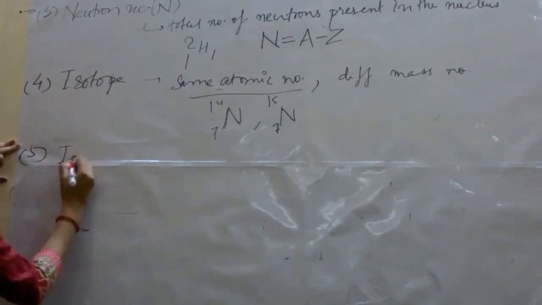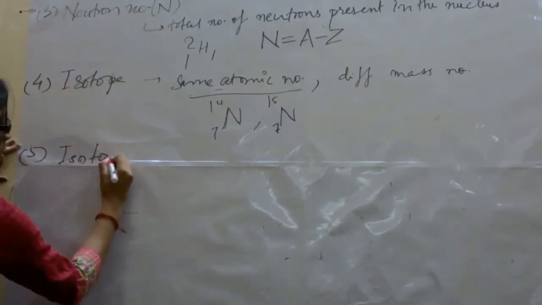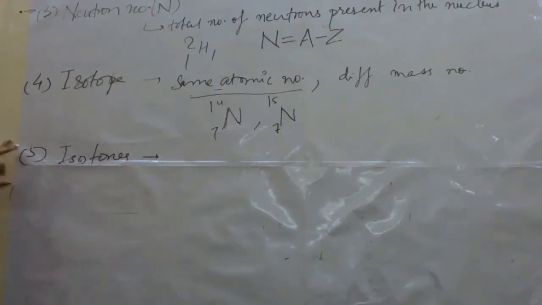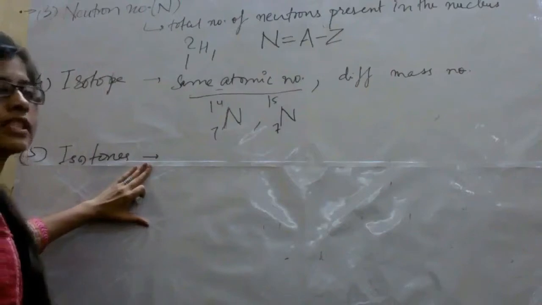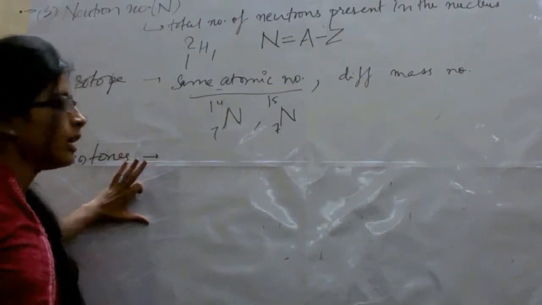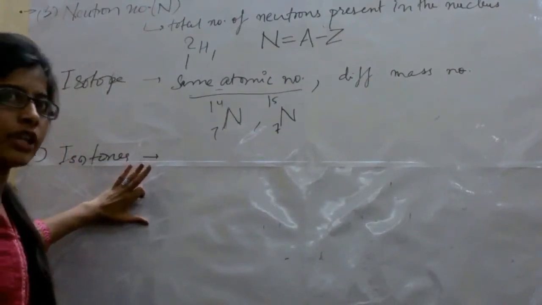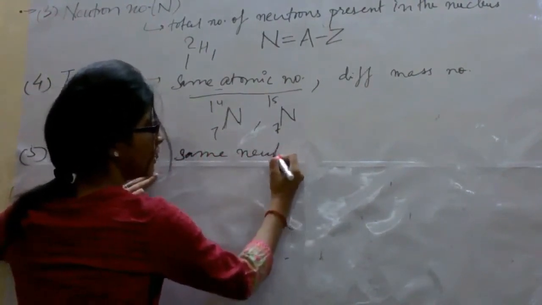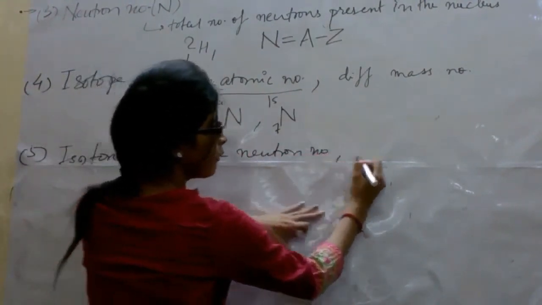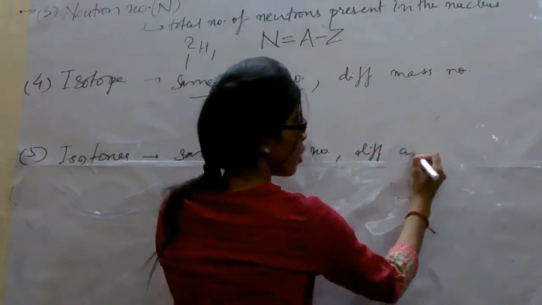Similarly, we have isotones. What are isotones? Isotones have the same neutron number but their atomic number is different. Same neutron number and different atomic number.